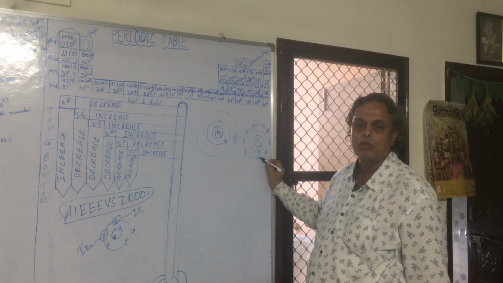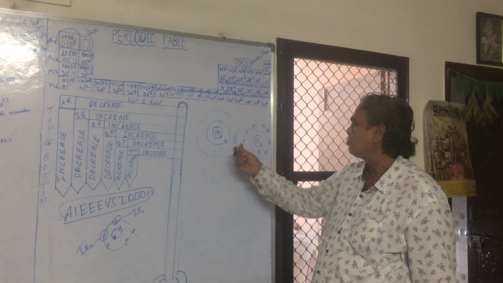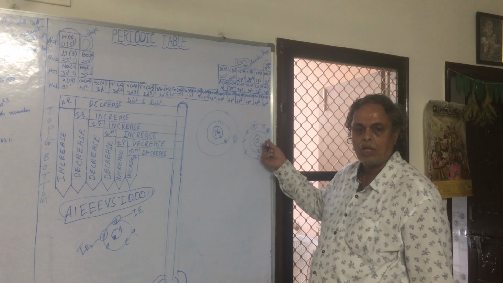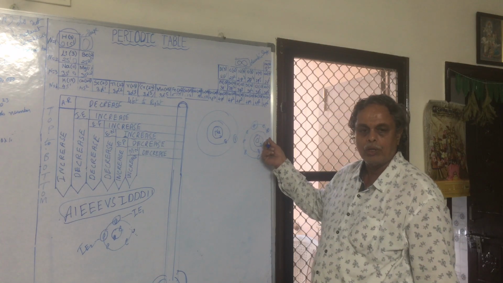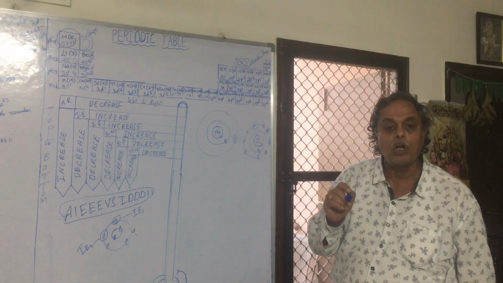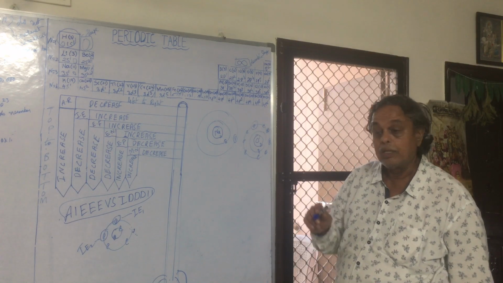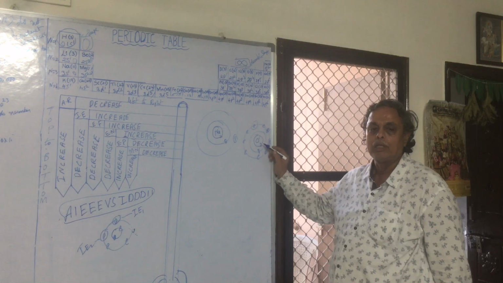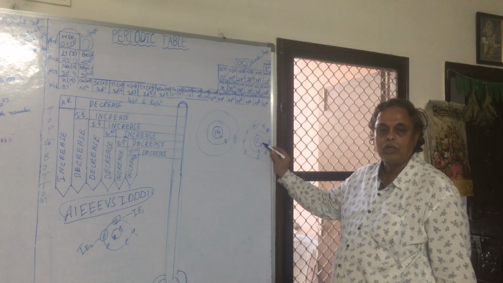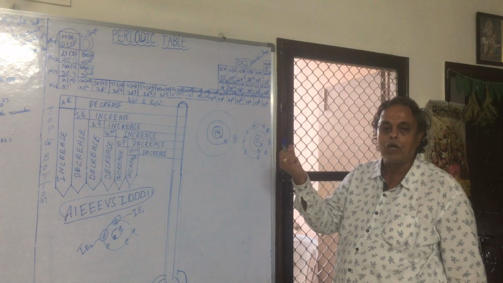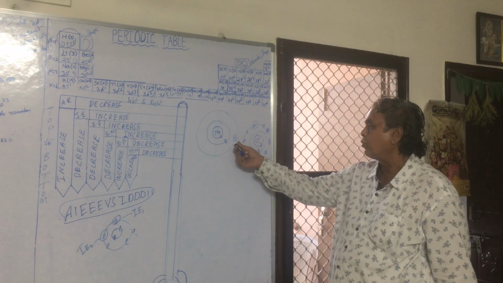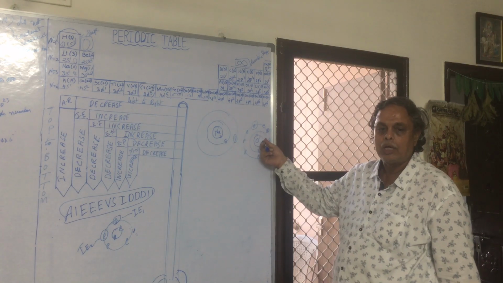What does it do? It attracts this electron towards the chlorine. That tendency is called electronegativity. The wish of this chlorine to take another electron from another atom is called electronegativity.